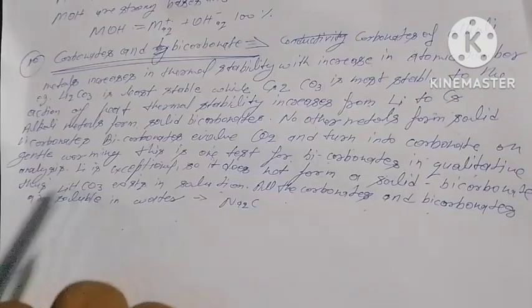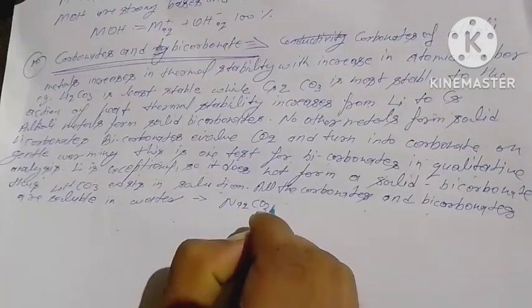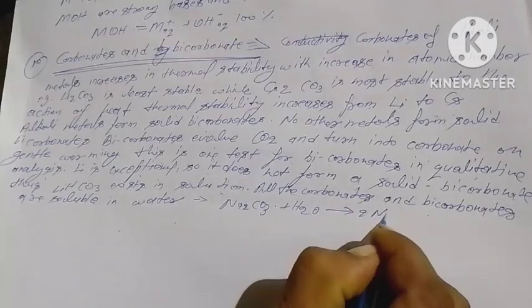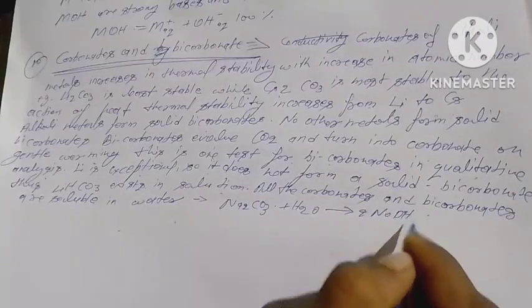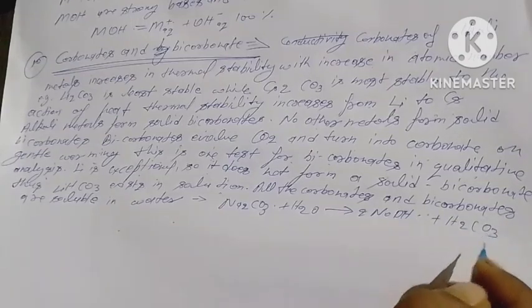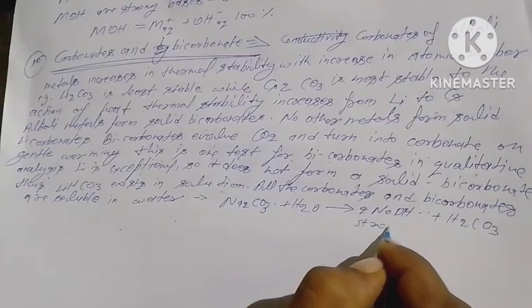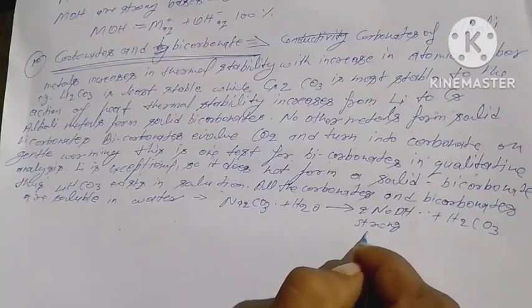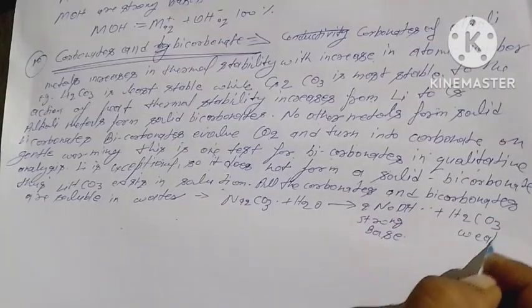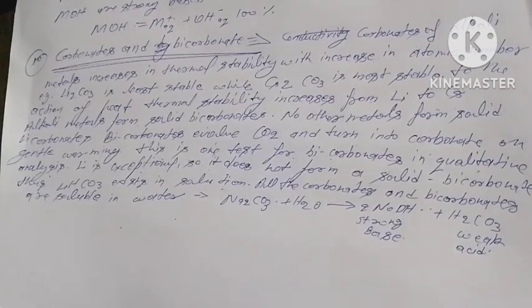As an example, sodium carbonate plus water gives 2 sodium hydroxide plus H2CO3. This is a strong base, and this is a weak acid.